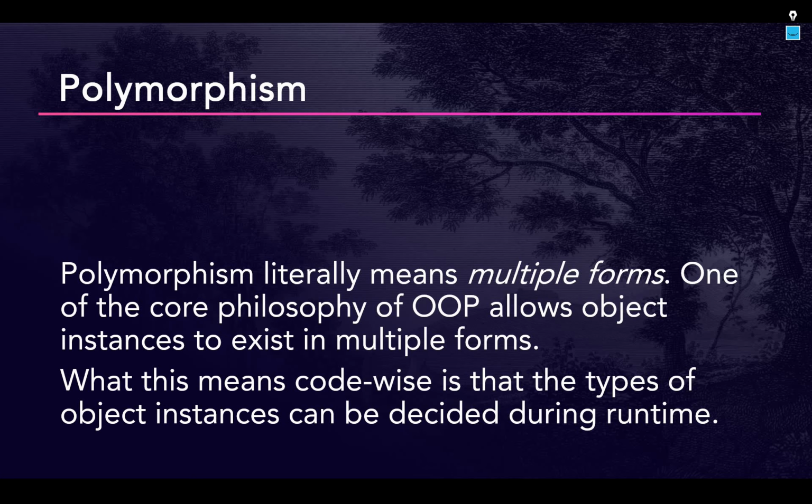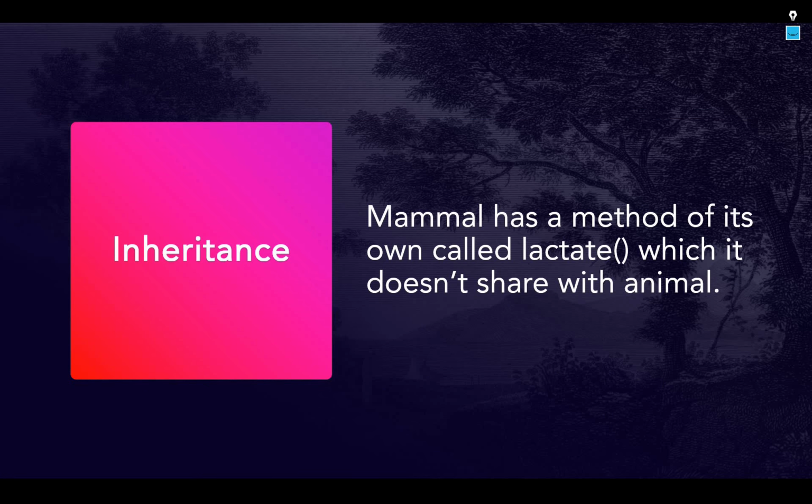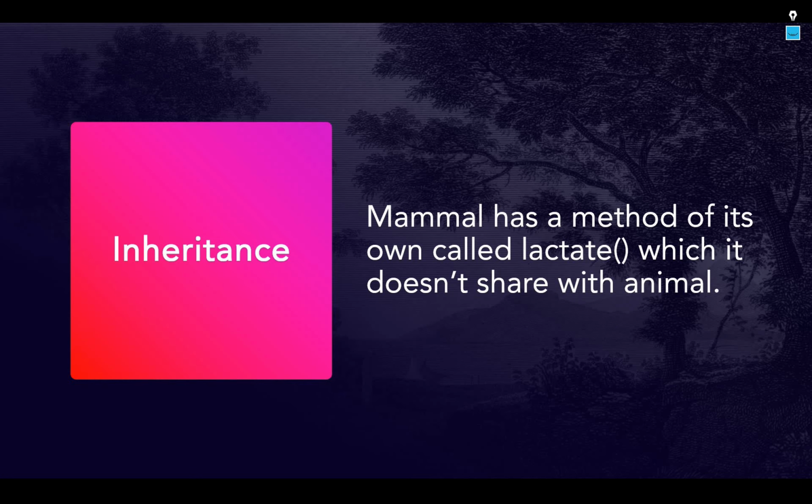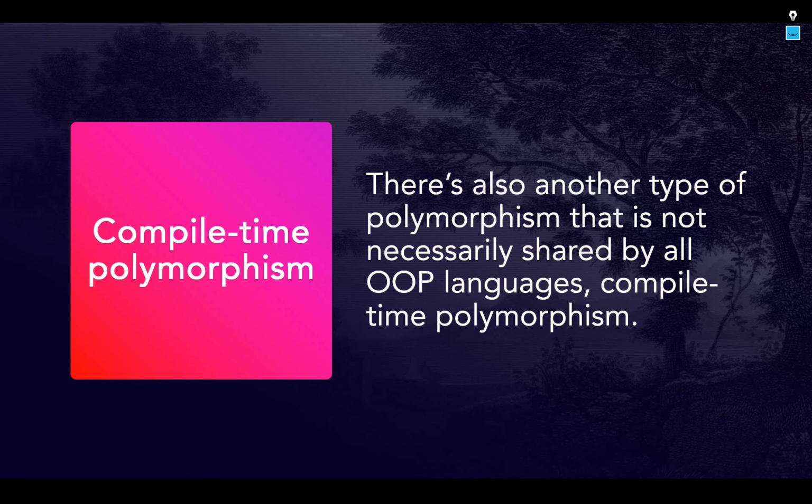One of the core philosophies of object-oriented programming allows object instances to exist in multiple forms. What this means code-wise is that types of object instances can be decided during runtime. So this is a reference to the example that I will skip for now.